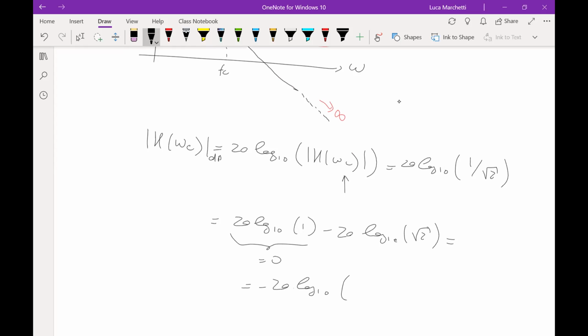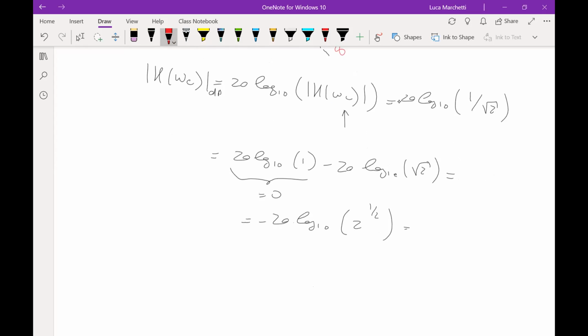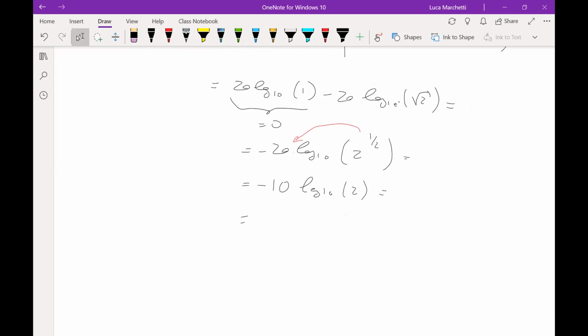I try to do all the steps so you remember these things, a little review of mathematics. I take the exponent and bring it outside, so this becomes minus 10 logarithm base 10 of 2. And the logarithm base 10 of 2 is something that is usually known to engineers, because we always work with the logarithm of 2, the logarithm of 3. These are numbers that come up often.